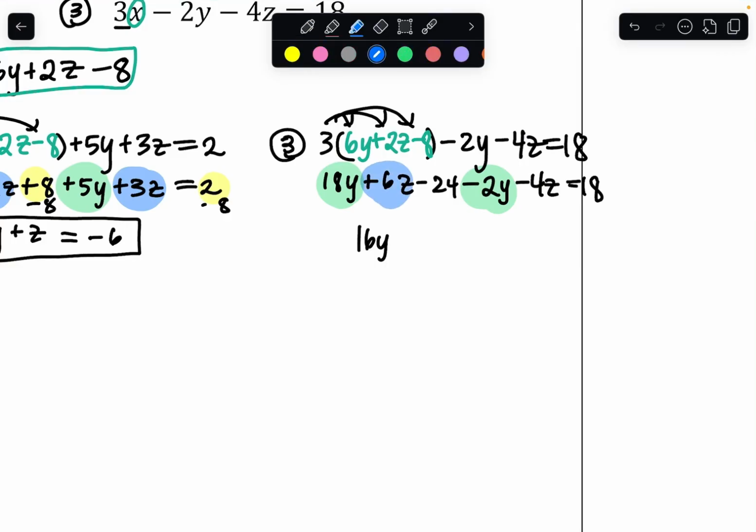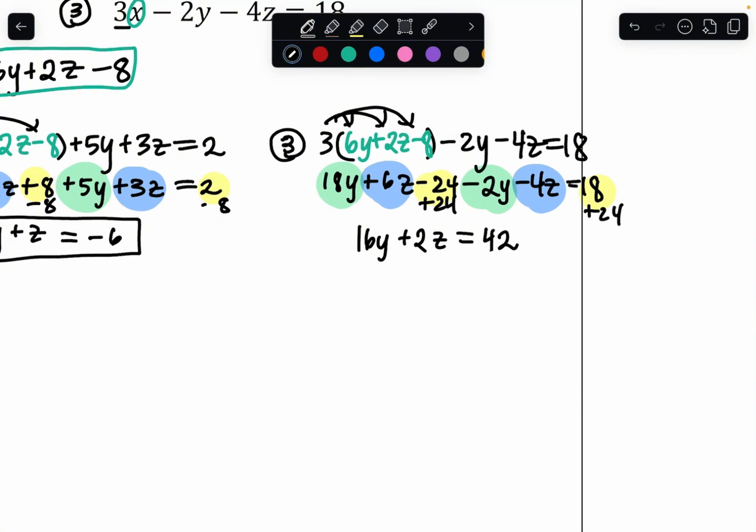I have a 6z minus 4z, which is 2z. And then we are going to move the constant to the other side to join the 8. So add the 24. And that would give us 42.